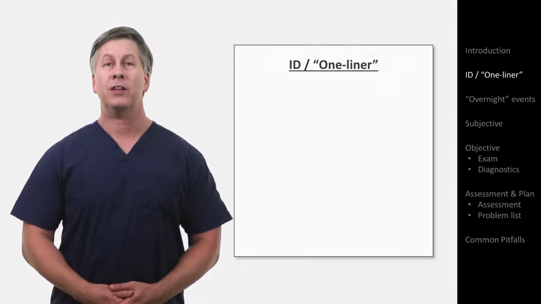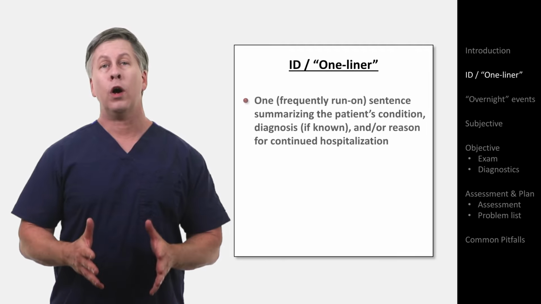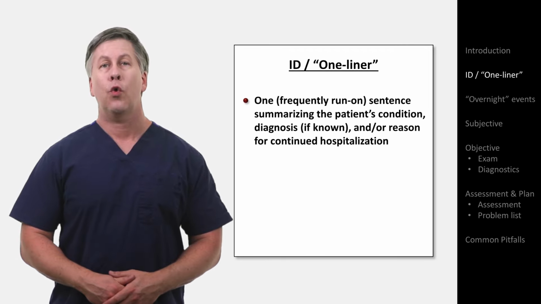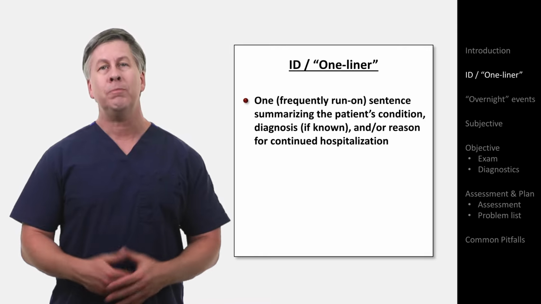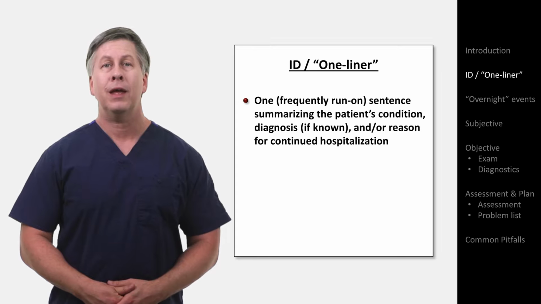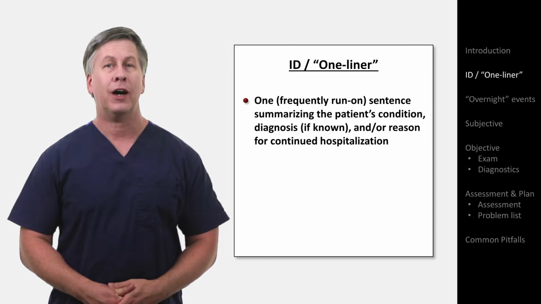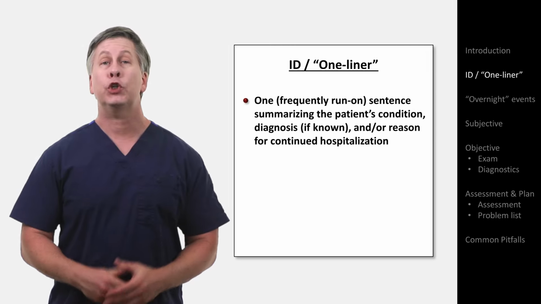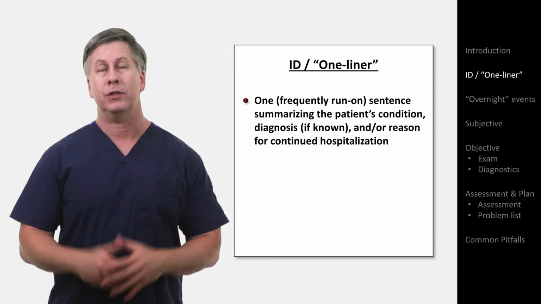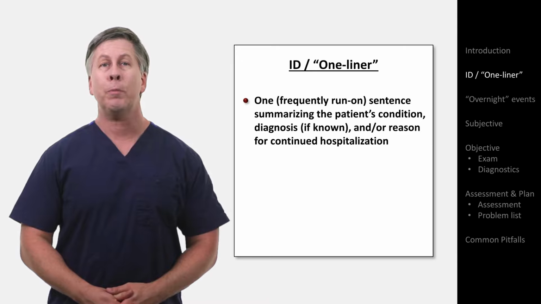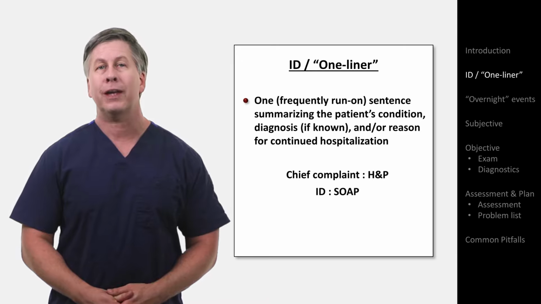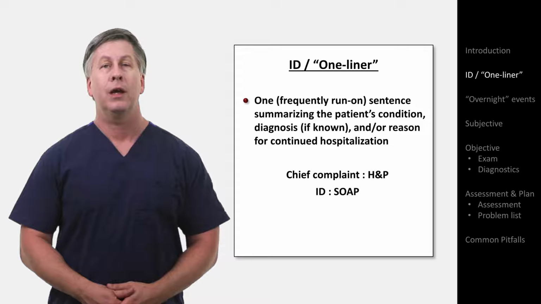First up is the ID line. This is one frequently run-on sentence or run-on sentence fragment that summarizes the patient's condition, diagnosis if known, and/or reason for continued hospitalization. It should be brief and to the point. The ID line of the SOAP is roughly analogous to the chief complaint of an H&P.